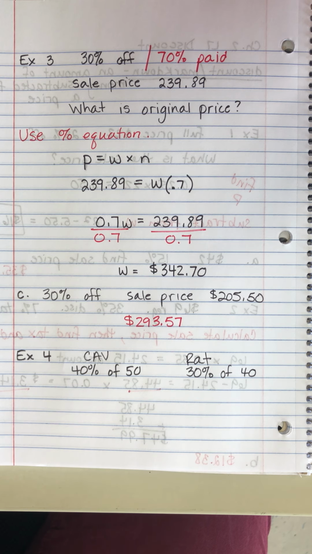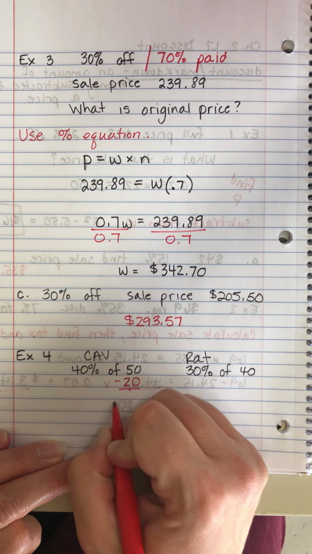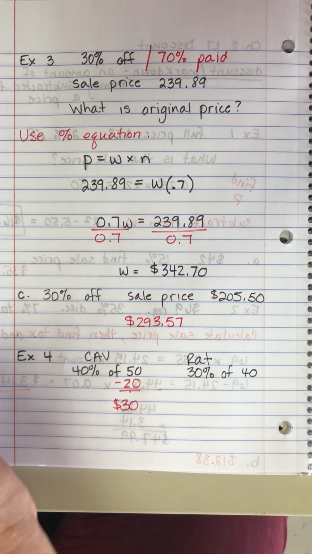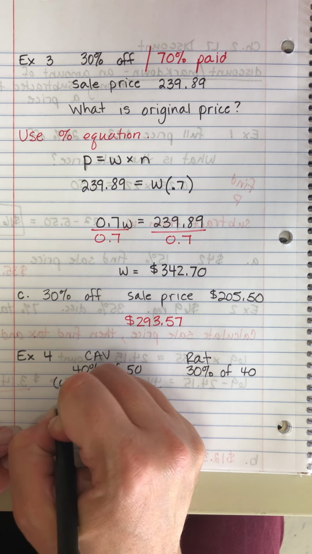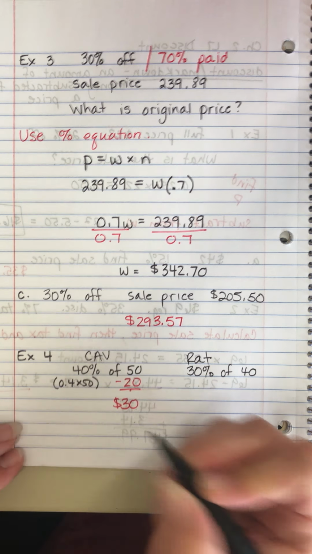Okay, 40% of 50 is, oops, that's not right, $20. So minus 20, you get a sale price of $30. In order to find 20, I did 0.4 times 50, right, as a decimal.